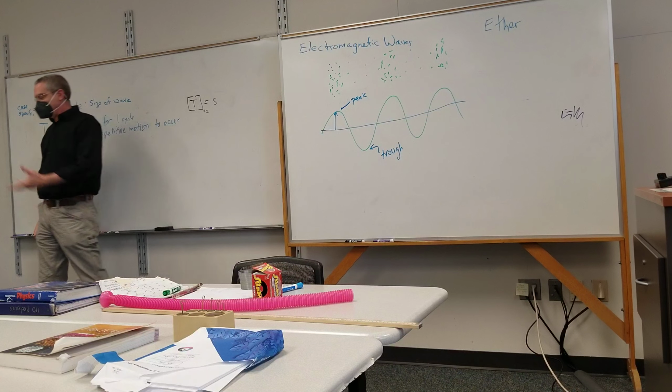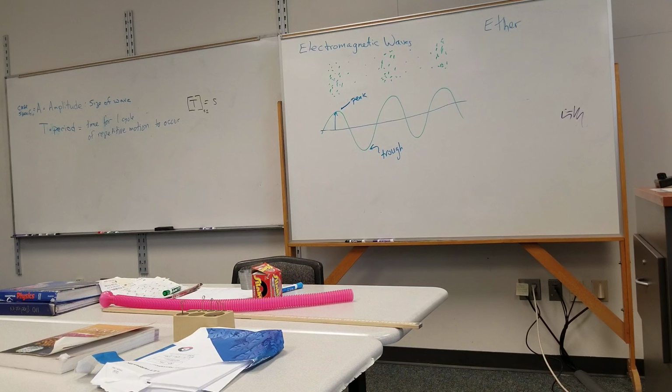Now, seconds is officially the international standard. However, we have a couple of things that we talk about in terms of periodic motion. Earth going around the sun. What's the period of that? Not revolutions. It would be one revolution. But what do we call the period of the Earth going around the sun? 1 year.